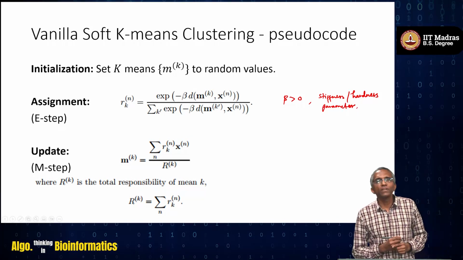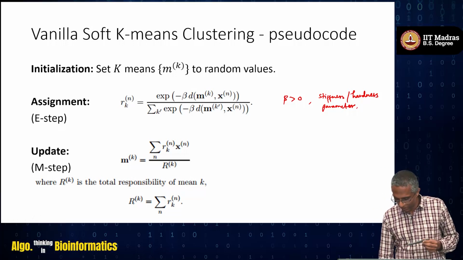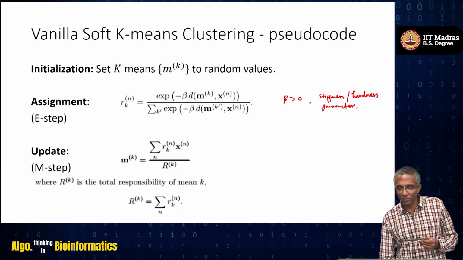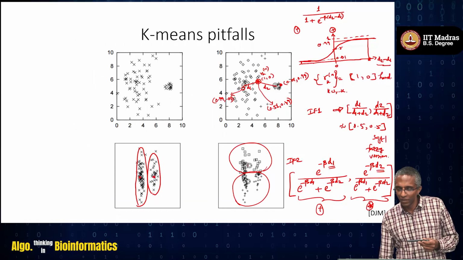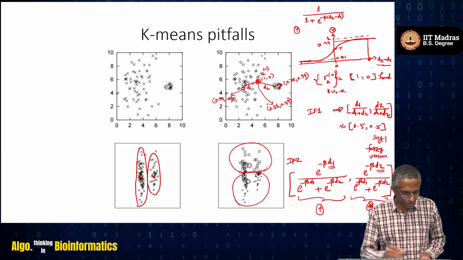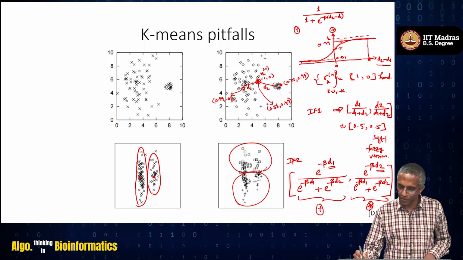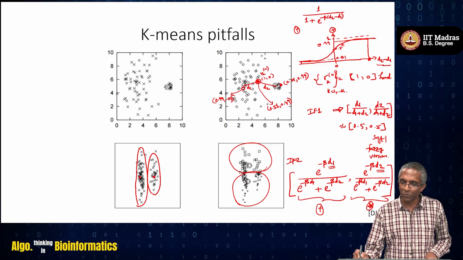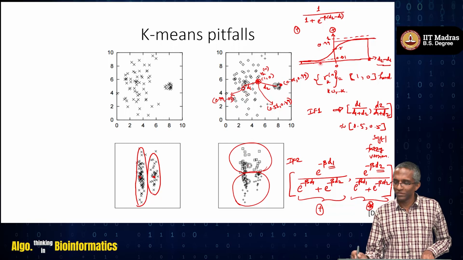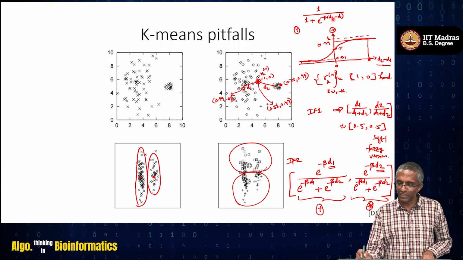It will determine the steepness of this slope here. We showed this slope, how it changes from 0 all the way to 1. So this is d2 minus d1, and the function shown here is 1 over 1 plus e to the minus beta times (d2 minus d1).